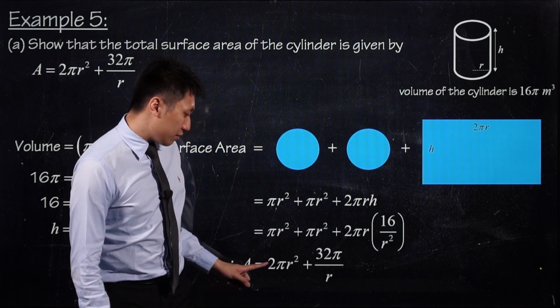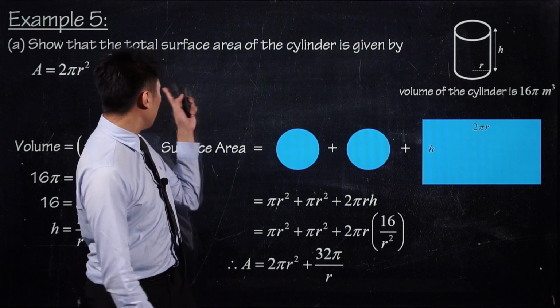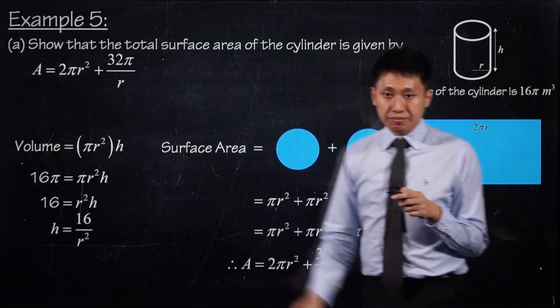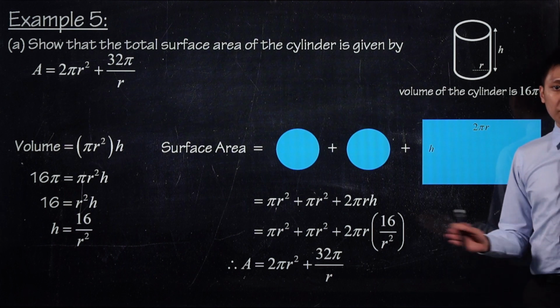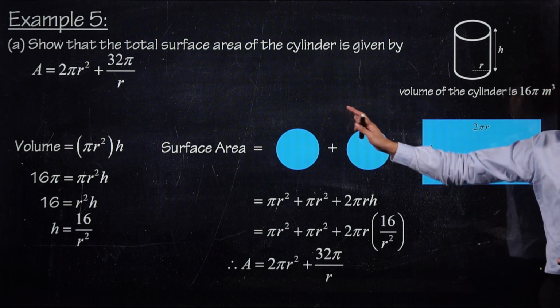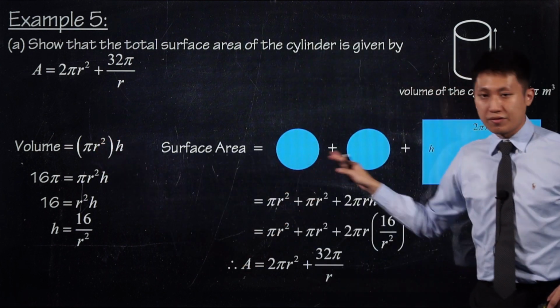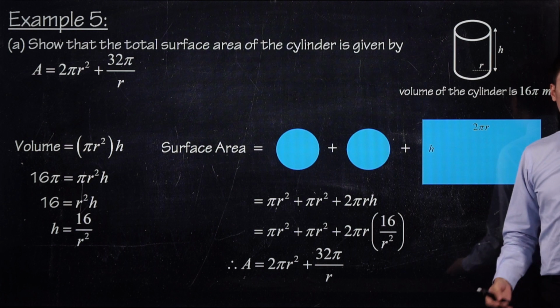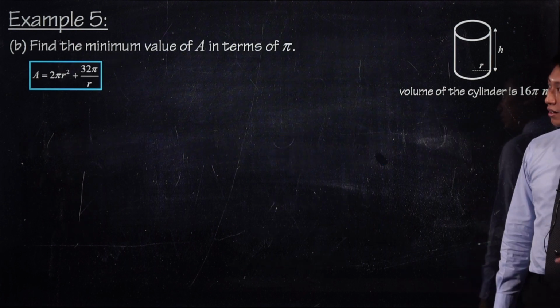I get 2 pi r squared plus 32 pi divided by r. Which is the answer here. Okay? Great. So it's not very difficult, right? If you know this small formula like the volume, the surface area, how to find, then it's not really difficult. I move on to the next part.